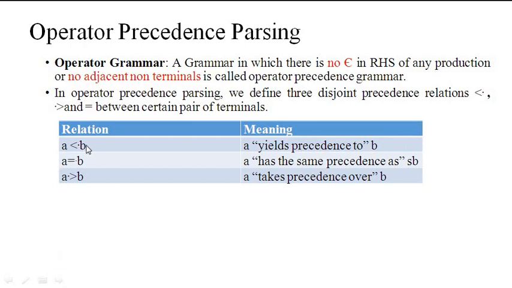A less than B: A yields precedence to B. A equal B: A has the same precedence as B. And A greater than B: A takes precedence over B. It means A less than B, A equal B and A greater than B.